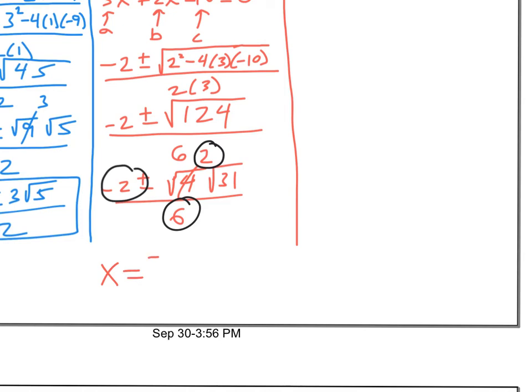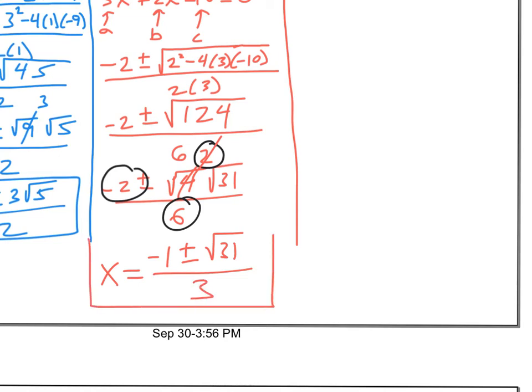Divide each of those by 2, so I'd have negative 1. When I divide this by 2, that's basically gone, and then I have the square root of 31, which can't be reduced, and then 6 divided by 2 would be 3. There's your final answer. Negative 1 plus or minus square root 31 over 3, okay?